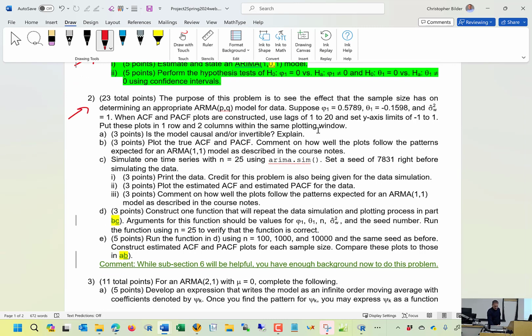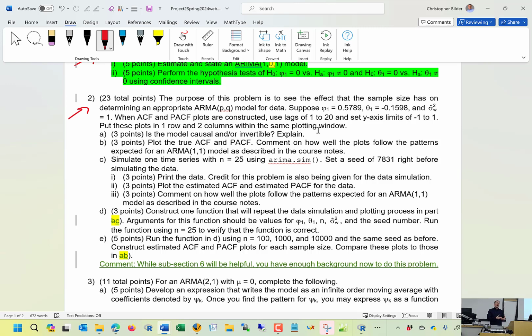Number 2 then. This is a problem somewhat coinciding with what I was doing earlier regarding simulating data with n equal 24. And then we also looked at n equal 1000 to see the differences.